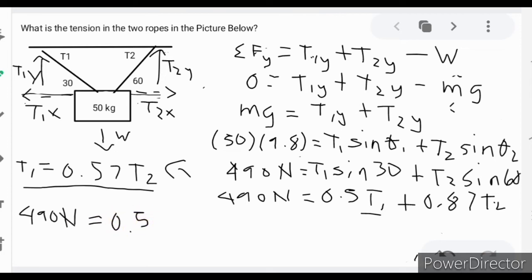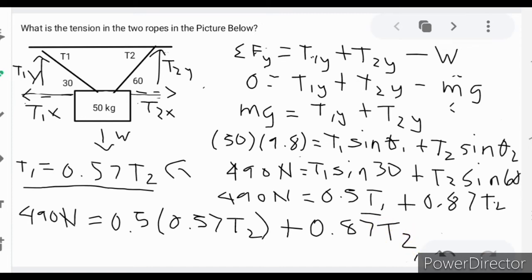490 Newton is equal to 0.5. Then the value of T sub 1 is 0.57. Then we have T sub 2, then plus 0.87 T sub 2. Then let's proceed for the solution or for further solution.